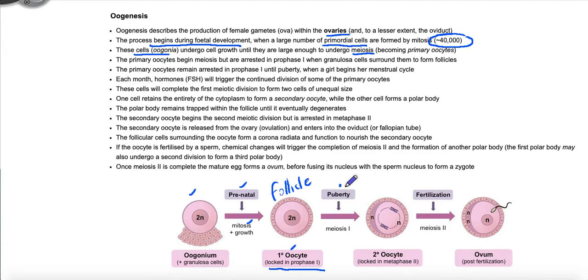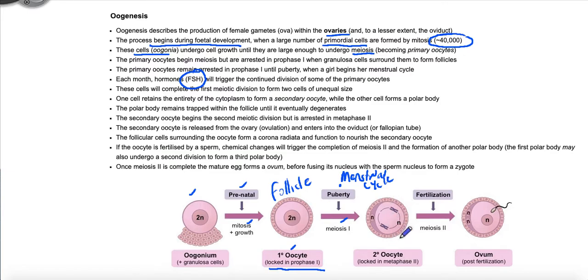And during puberty, the girl begins her menstrual cycle, which is all hormone regulated. Follicle stimulating hormone is going to trigger the menstrual cycle, and is going to trigger the release of this primary oocyte, which will continue to divide via meiosis 1 into a secondary oocyte.